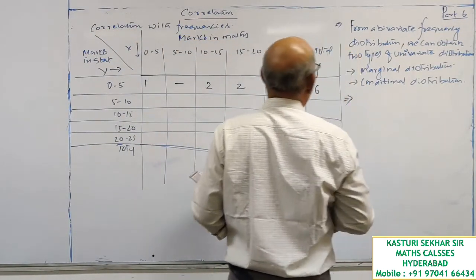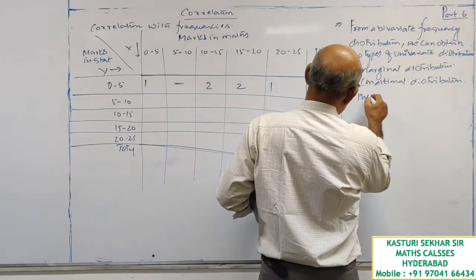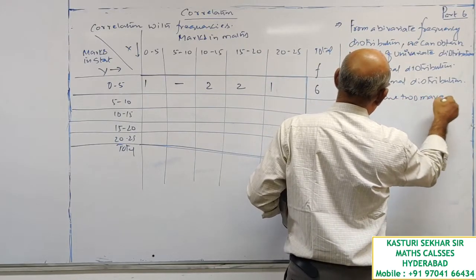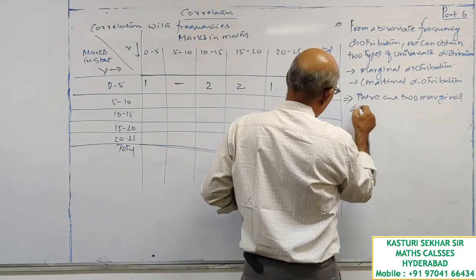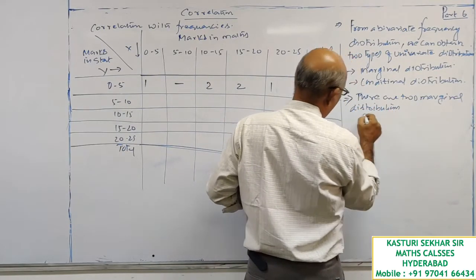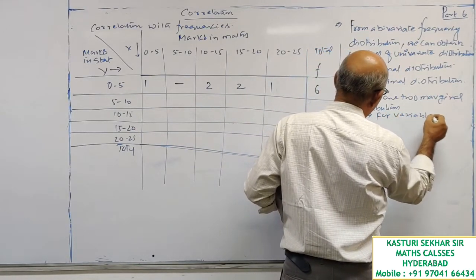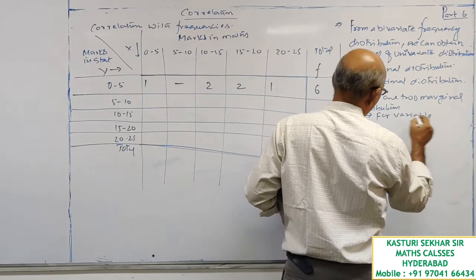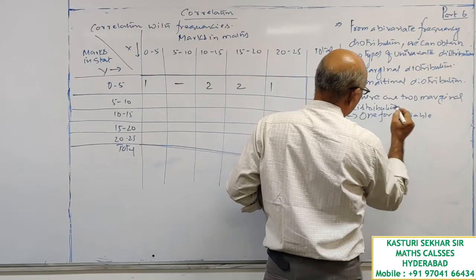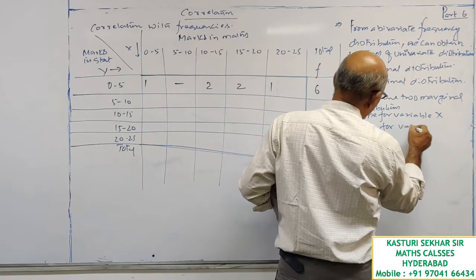Next point. There are two marginal distributions. One for variable x, the other one for variable y.